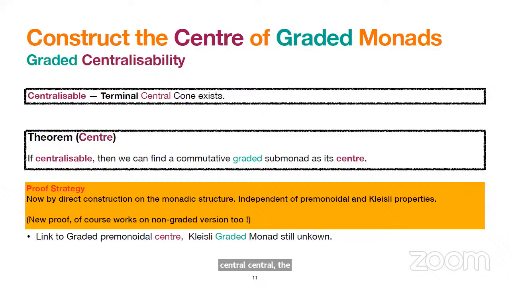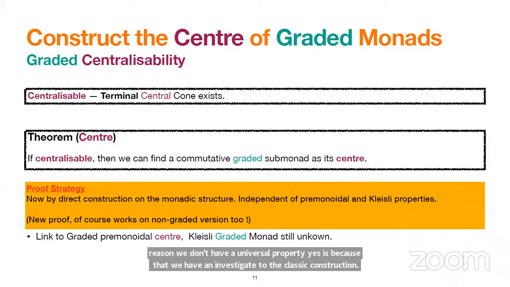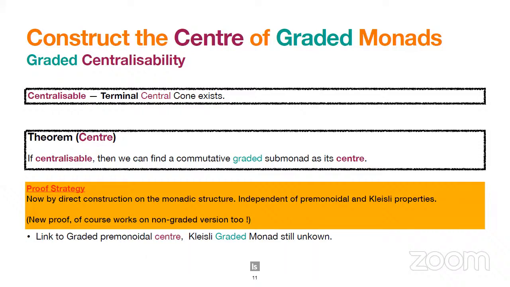The reason we don't have a universal property yet is that we haven't investigated the classic construction, which is really complicated. Another reason is that there is no study, at least from our understanding, of the graded version of the premonoidal center. So this is the only thing we defined for the center of graded monads.